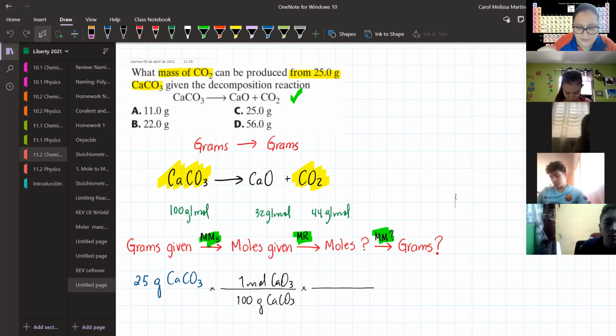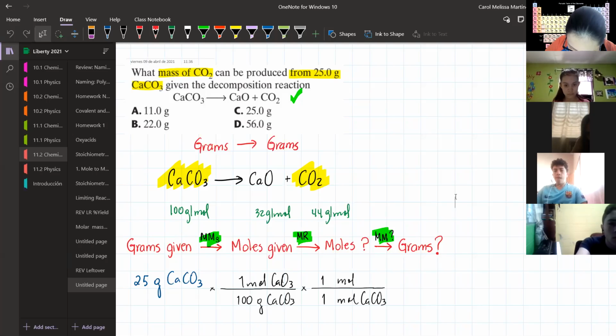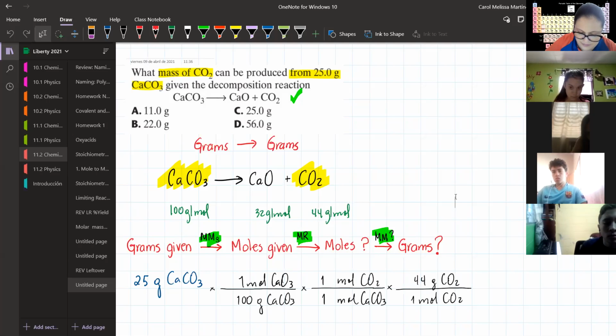So the molar ratio, as you can see, is 1 to 1, mole CaCO3 and mole of CO2. And then in the last step, what I do is the molar mass of the unknown. In 1 mole CO2, I have 44 grams of CO2.